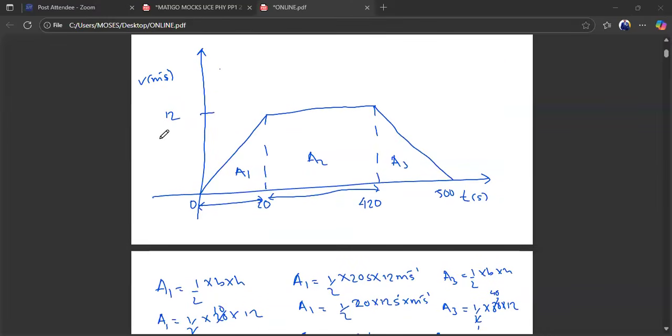Now, when you're describing motions, we focus on 3 things: velocity, time, and acceleration.